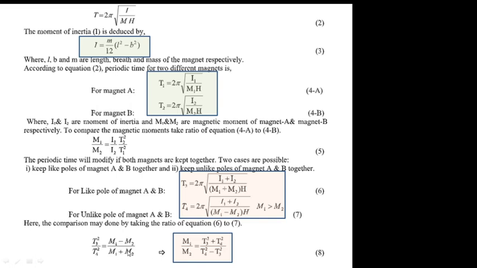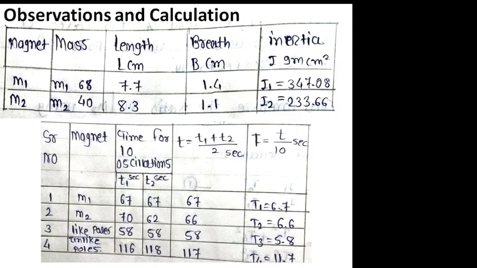So I do the summation on top and the summation at the bottom, and that mathematical process gives me M1 upon M2 equal to T3 square plus T4 square upon T4 square minus T3 square. So with this equation set up, I can do the calculation.